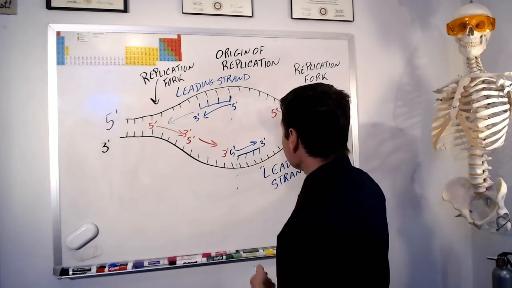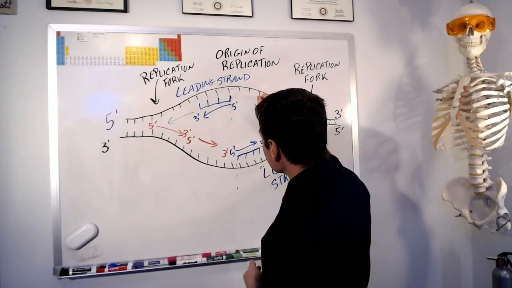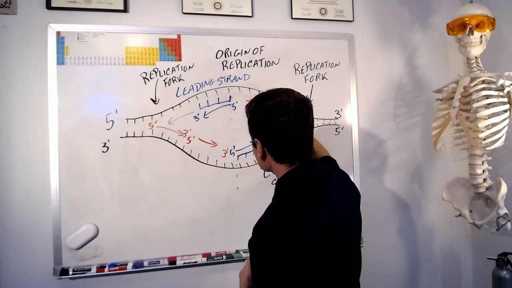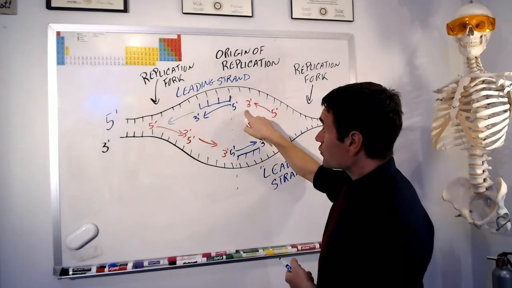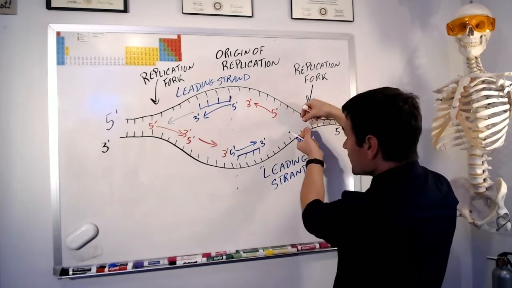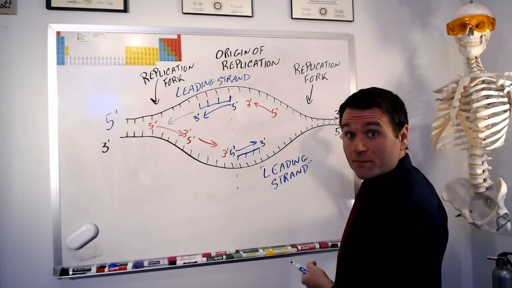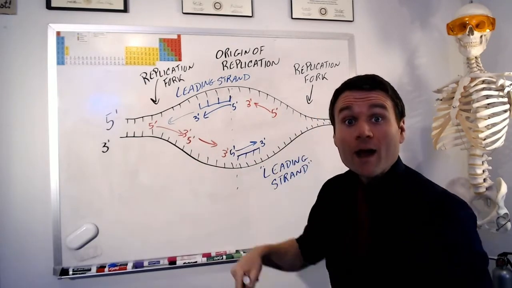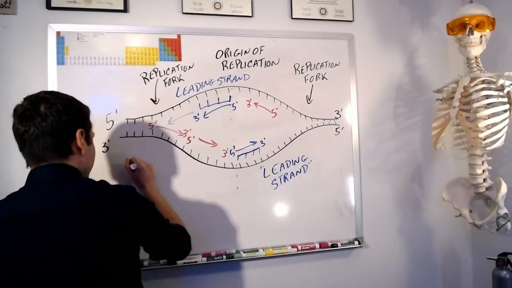But on the opposite strand, we can only go in segments. Because every little segment we make is going to have to be from 5' to 3', as we keep opening up this replication fork, we're going to have to start towards the replication fork and then work our way backwards here. That strand is called the lagging strand.